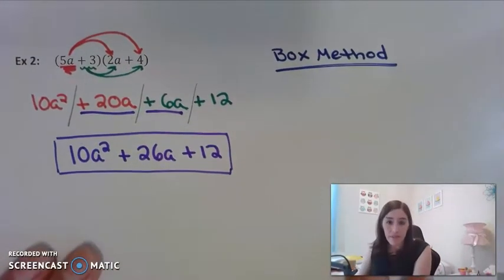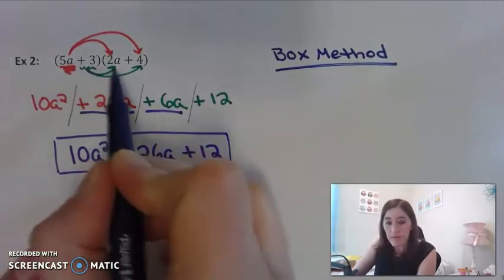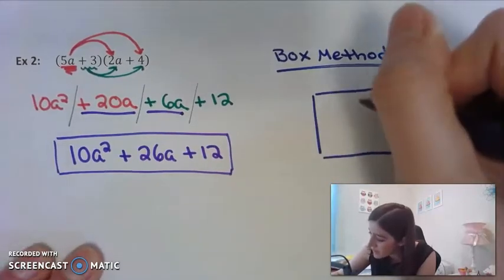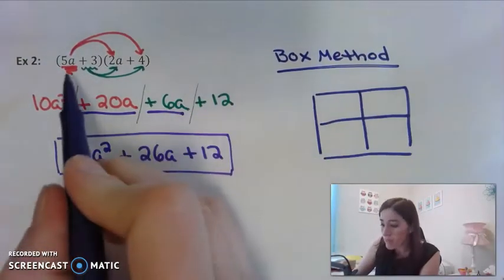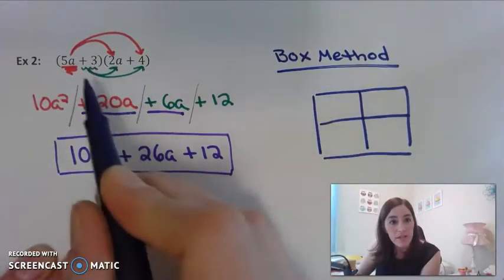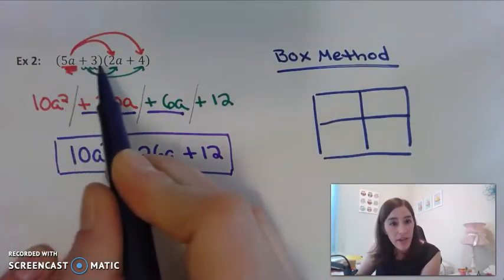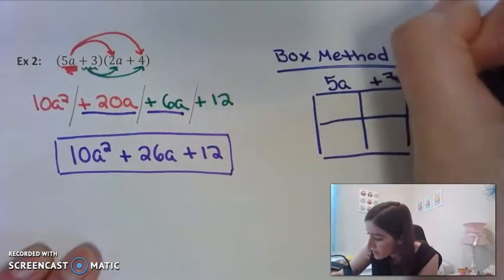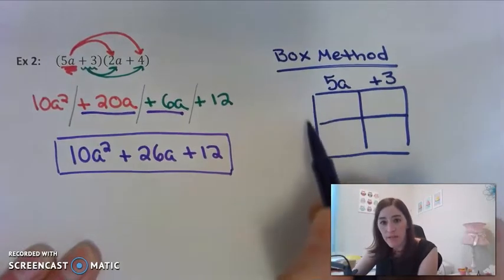Now what the box method is just a way for us to see this a little better. I've got 2 terms times 2 terms, so I'm going to make myself a 2 by 2 box. And what I'm going to do with my terms over here is write them on the side of my box. So the first set of parentheses has 5a plus 3. It doesn't actually matter which side you put it on, so I could have put it up on the top or on the side.